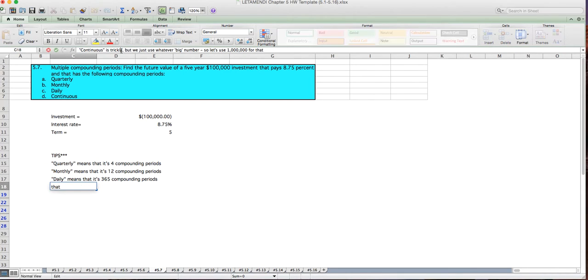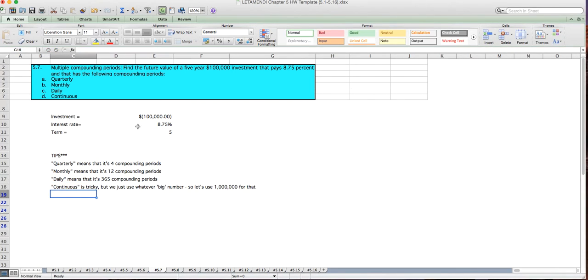We just have to use whatever big number. So for the purposes of this example, the textbook uses a million. So we're just using that. This could be continuous, like hourly compounding or minute compounding or whatever. But we're just using a continuous number that's bigger than 365.